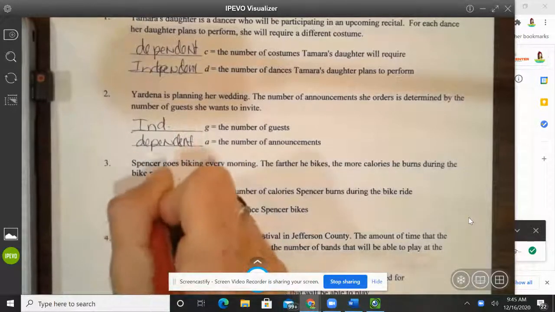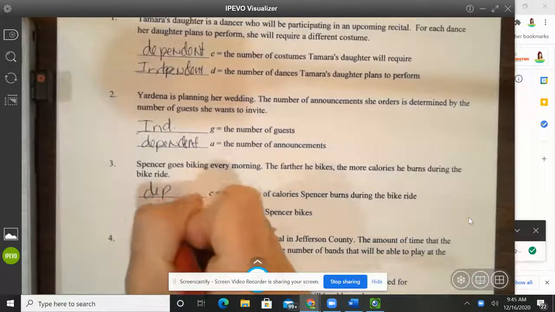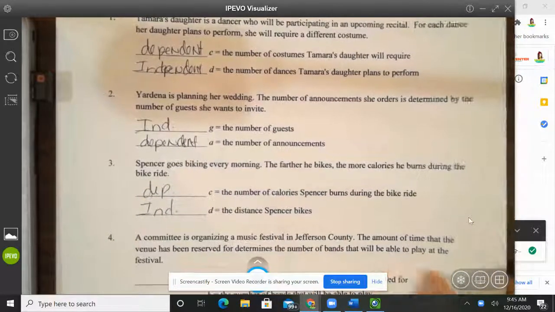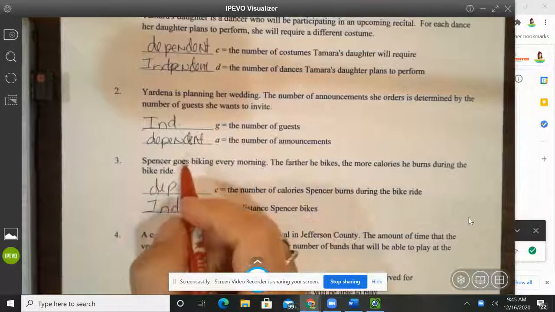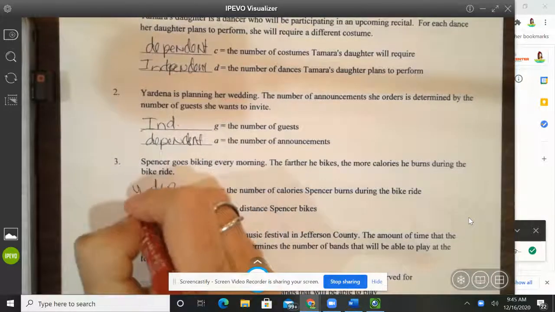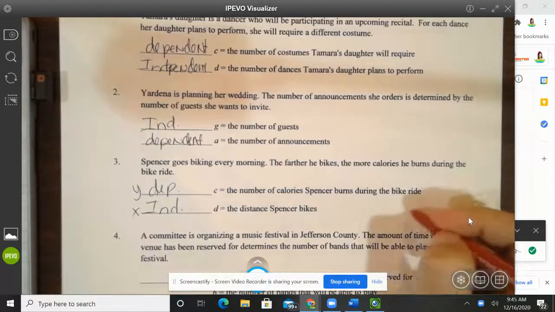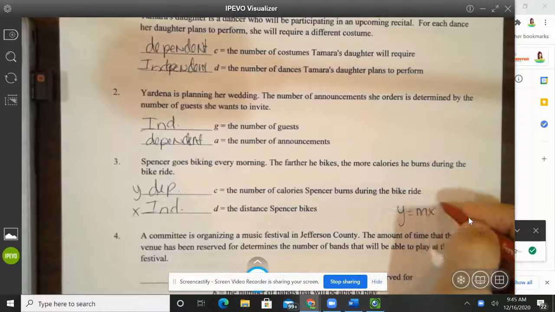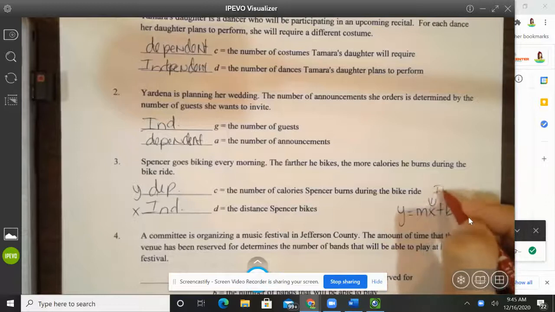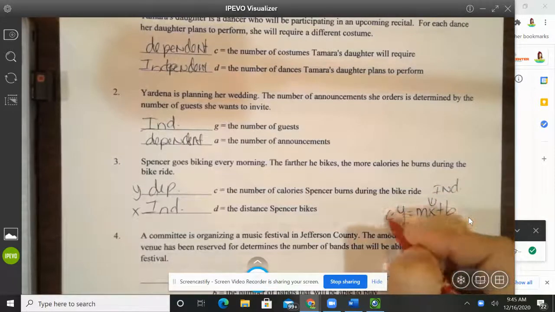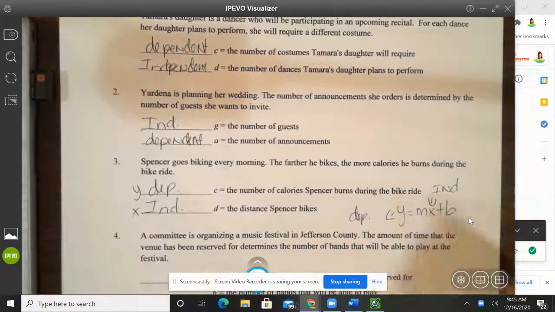So this is dependent and this is independent. The total distance is going to be the independent variable. In this case this will be X and this is Y, right? Think about your y equals mx plus b. So this one right here is the independent variable, and this one right here is the dependent variable.